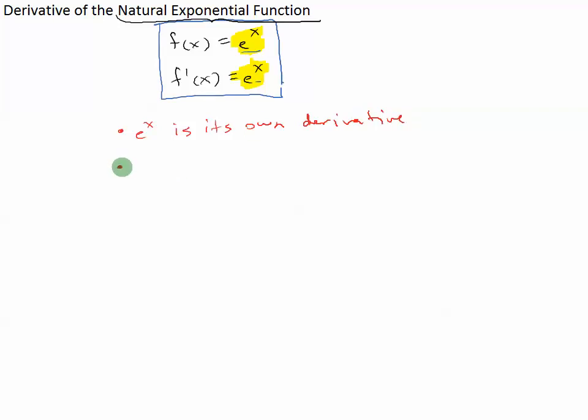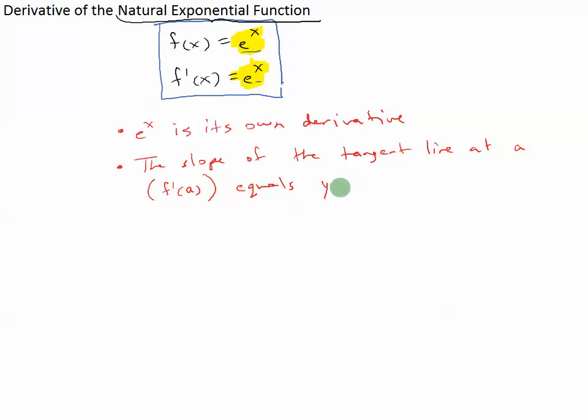Another way to interpret this, which is fairly interesting: the slope of the tangent line at some x value a, and remember the slope of the tangent line at a is called f prime of a, equals y at a, right? The y value of a, and that is f of a. So f of a and f prime of a are equal.